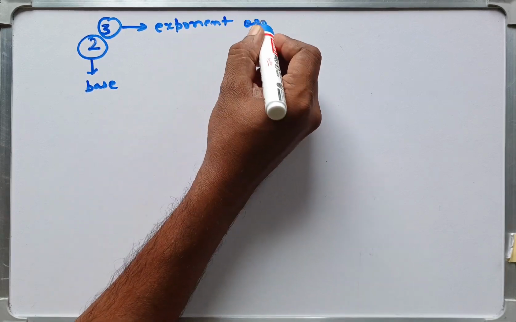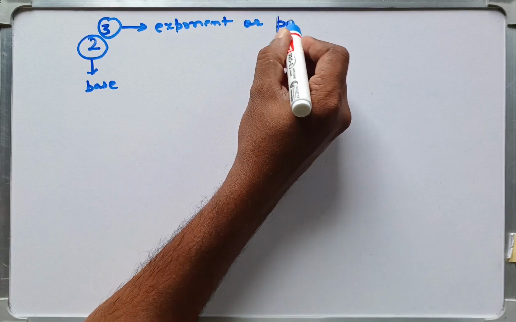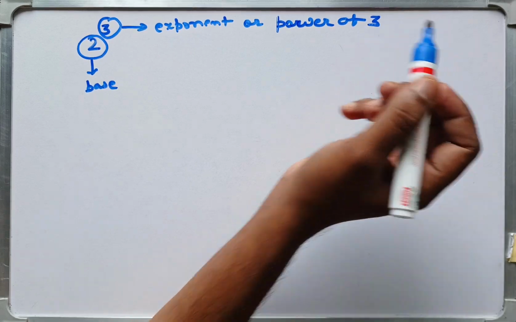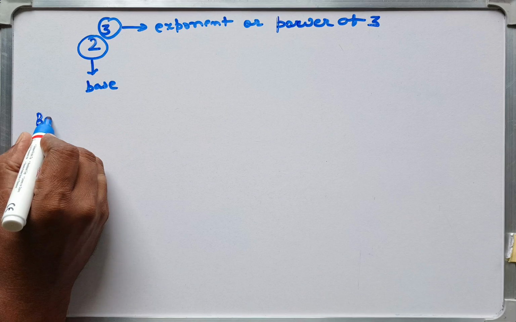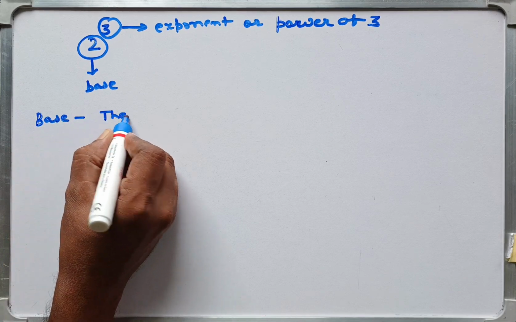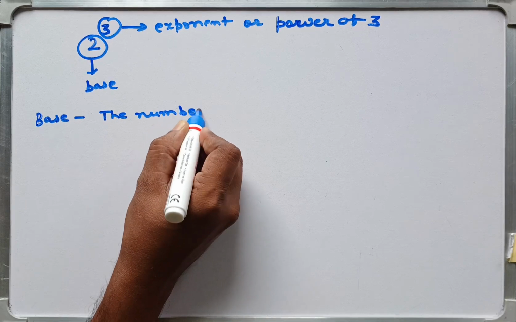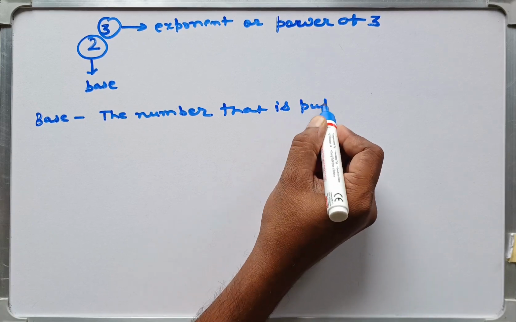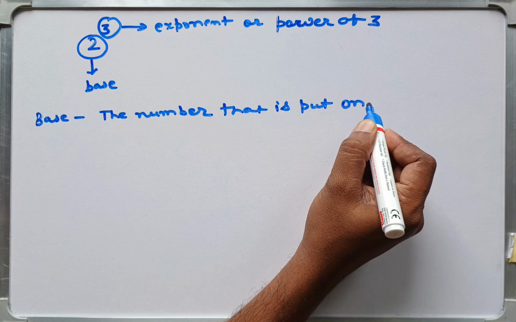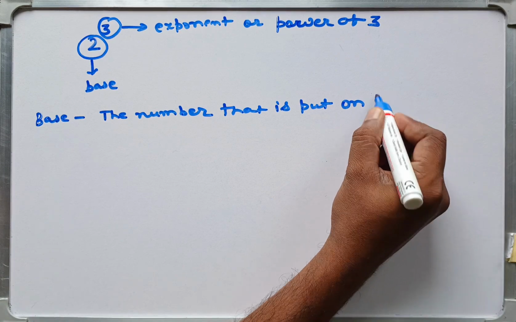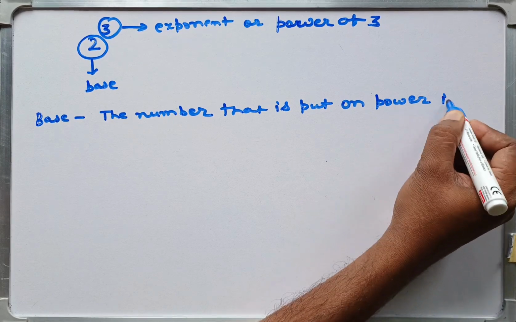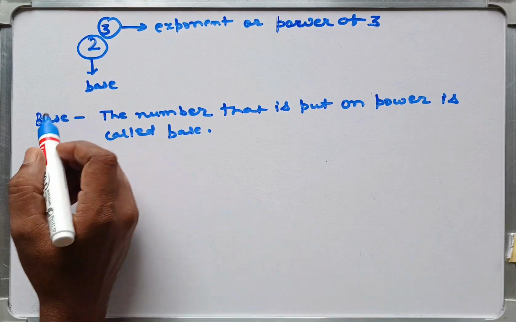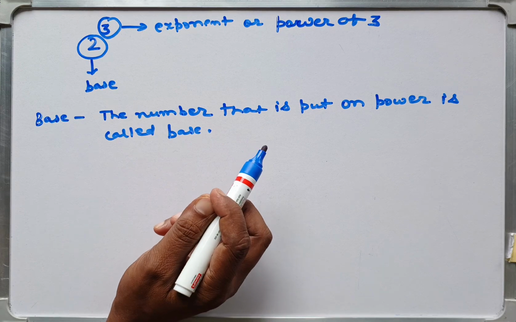Or you can say power of 3 here. The number that is put on power is called the base. So here, see which number is put on power.